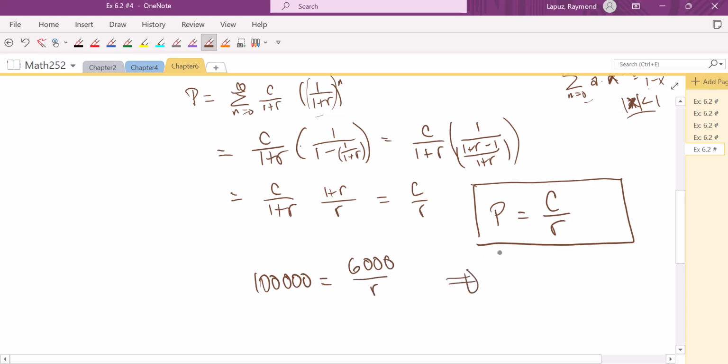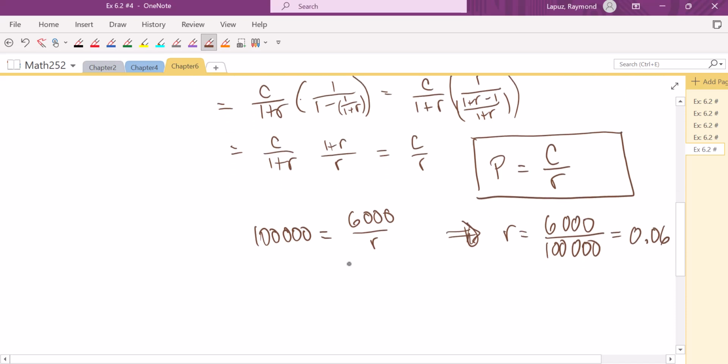We're going to get R is equal to 6,000 divided by 100,000. And then that's just 6 over 100, or 6%. So the rate that we're looking for is 6%.